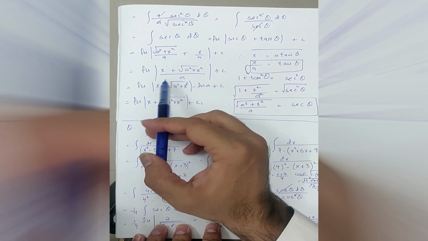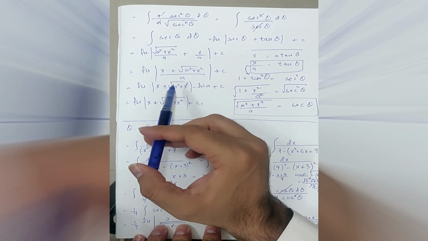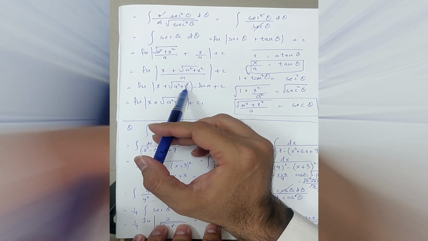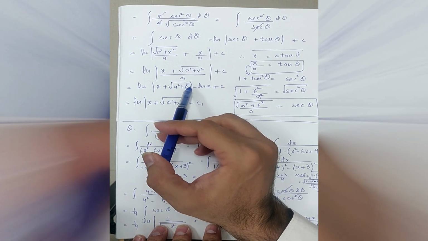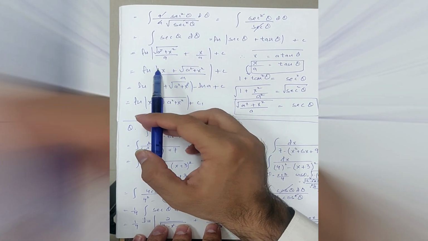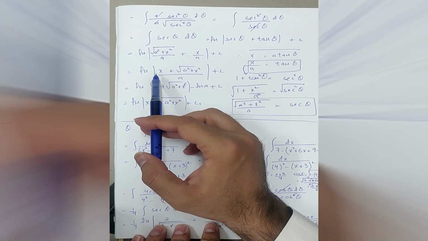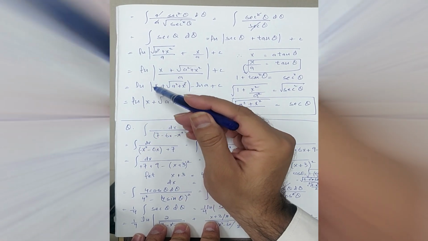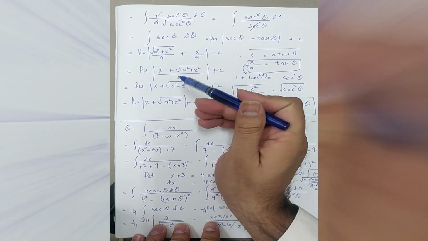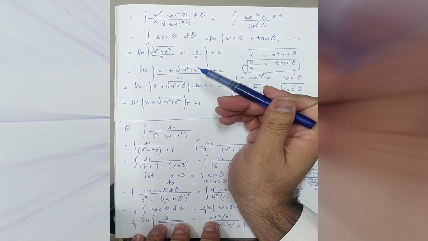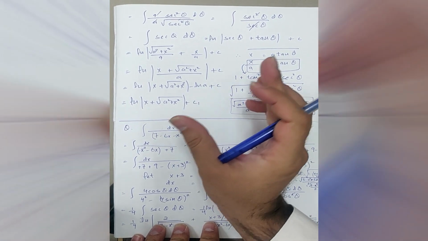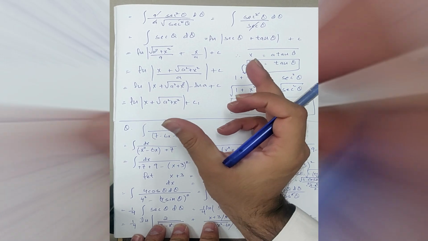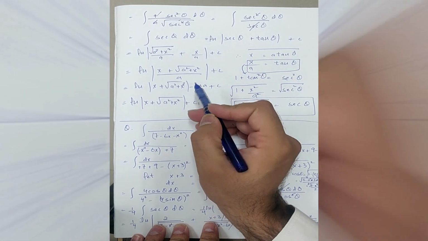Further I will simplify it: log of x plus under the root a square plus x square, minus log of a, because we know the property of logarithms that if there is division in a log, it can be separated out into two different logs, like here.